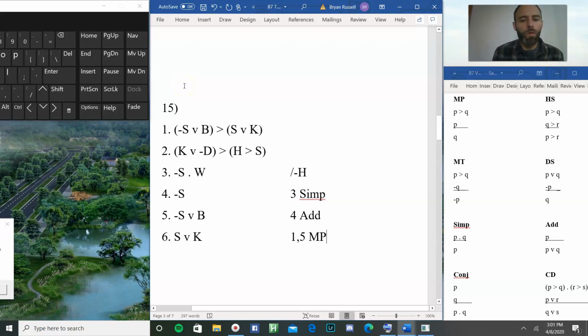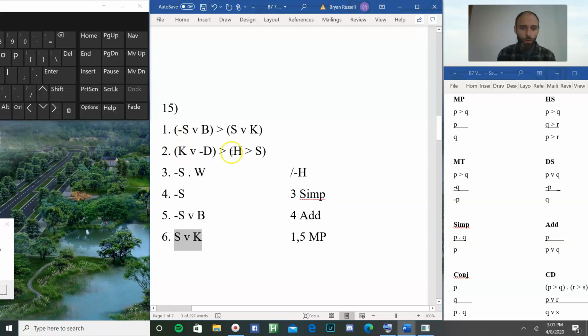All right, so now let's take stock again. Recall our ultimate goal here was to break this line down, to isolate H horseshoe S so we could get tilde H out of there. And here we have S or K. Now, how is that useful?